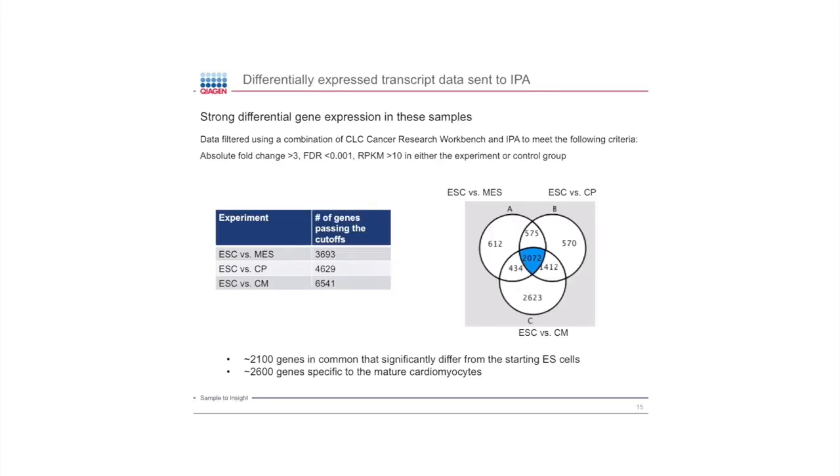So in one of the two, you had to have RPKM greater than 10. We threw out the really low ones that only had, let's say, RPKM 3 and 1 in the 2 groups.